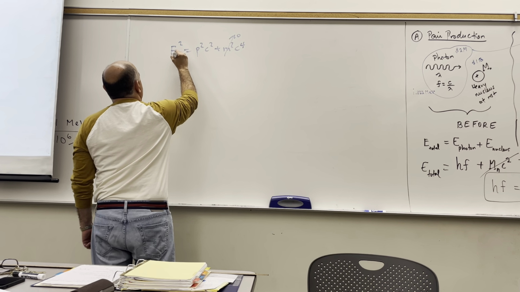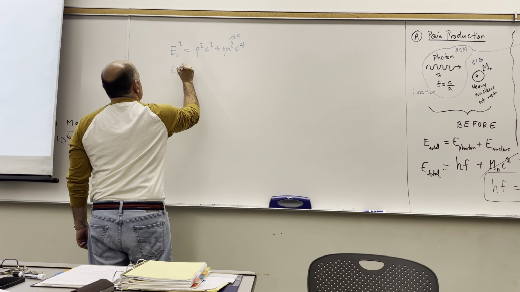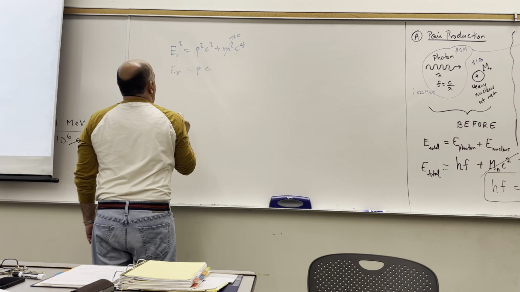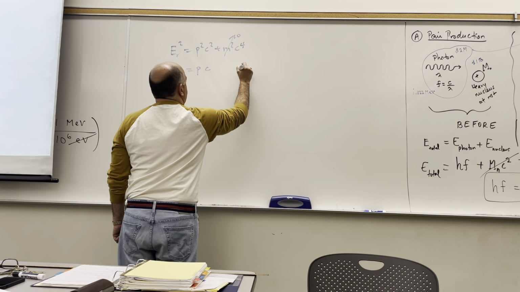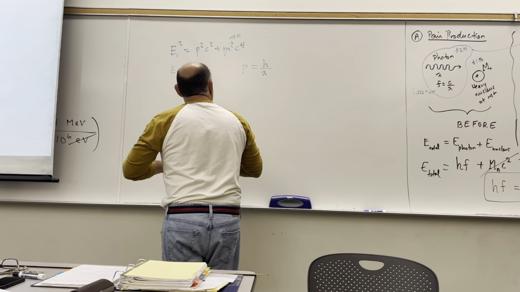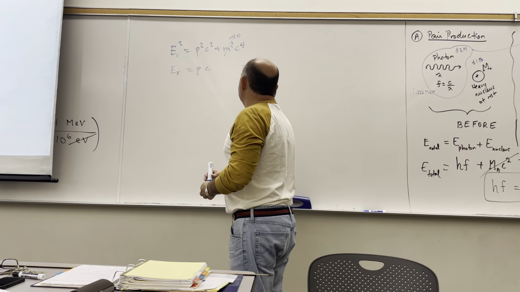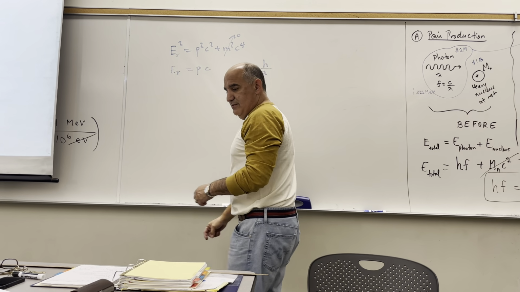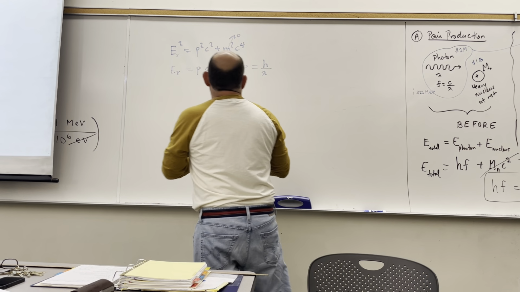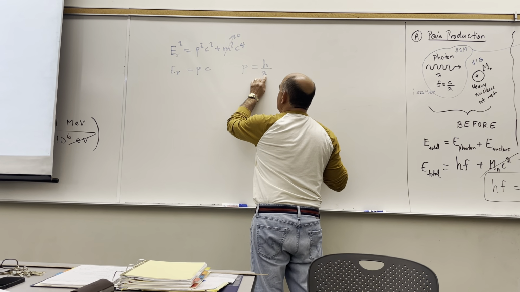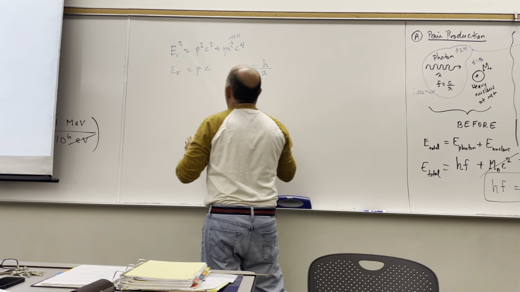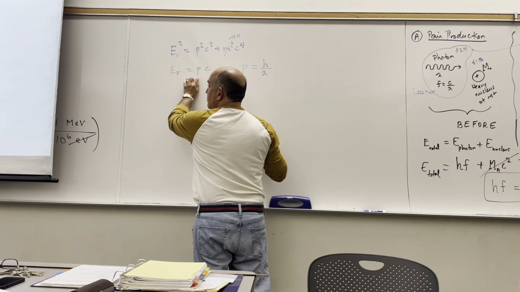So for a photon, P is h over lambda. A photon has a wavelength associated with it, it's got a frequency associated with it, and it travels at the speed of light. So a photon always has momentum.